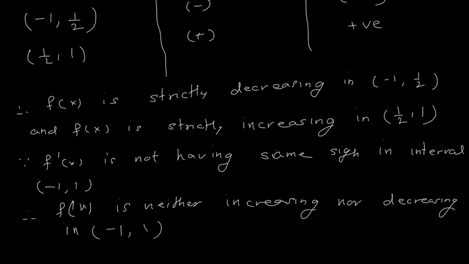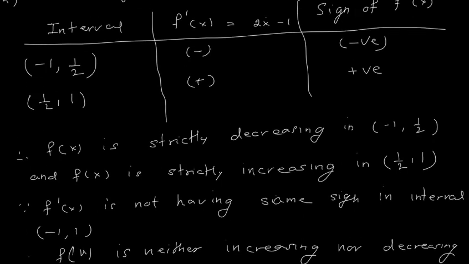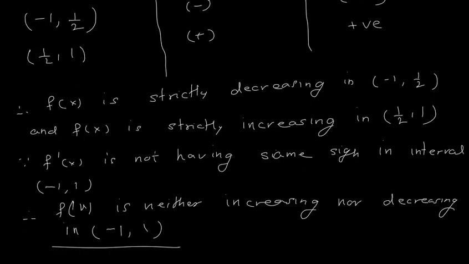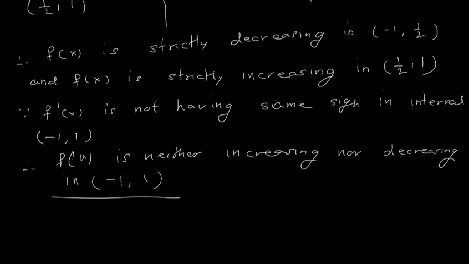Okay, so as f dash x does not have the same sign throughout this interval -1 to 1, f(x) is neither increasing nor decreasing in -1 to 1.